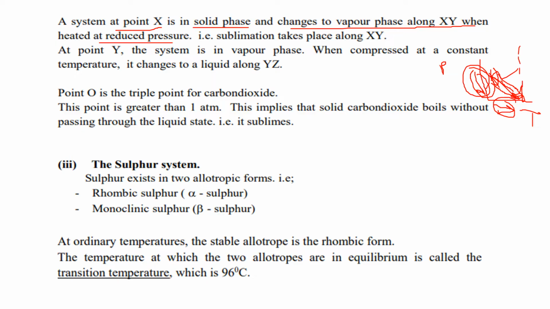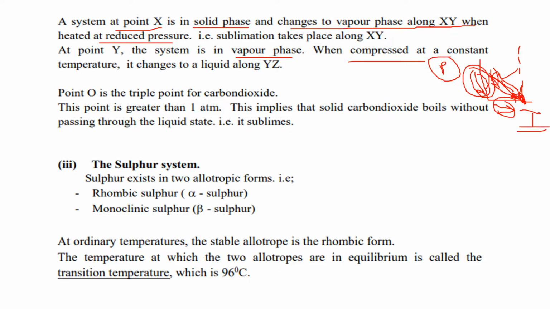Now, from point Y, this line here must be vertical. I think I didn't draw it vertical. You must make it vertical in your sketch. Reason being, at point Y the system is in vapor phase, and then compression means increasing pressure but leaving temperature constant. That's why I'm telling you that temperature must be constant.